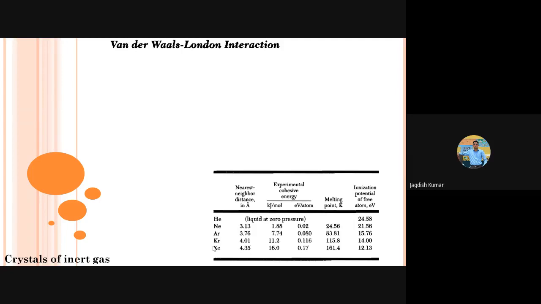So what may happen is that those electrons will get somewhat distorted in reference to their initial configuration. That may give rise to the development of some dipole moment. And that dipole moment is not permanent. These dipoles are not permanently developed. They keep on changing dynamically. Sometimes there is a dipole moment, then the atom comes back to its original position.